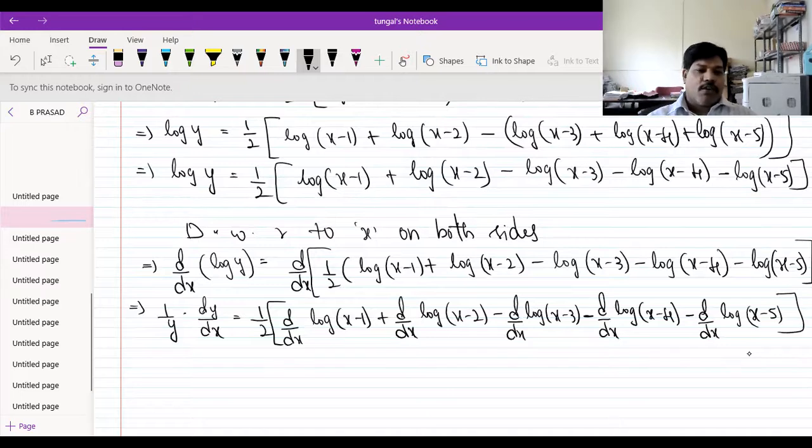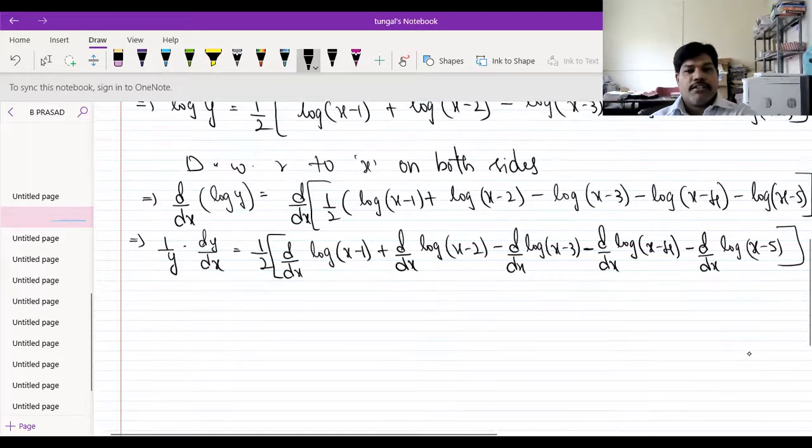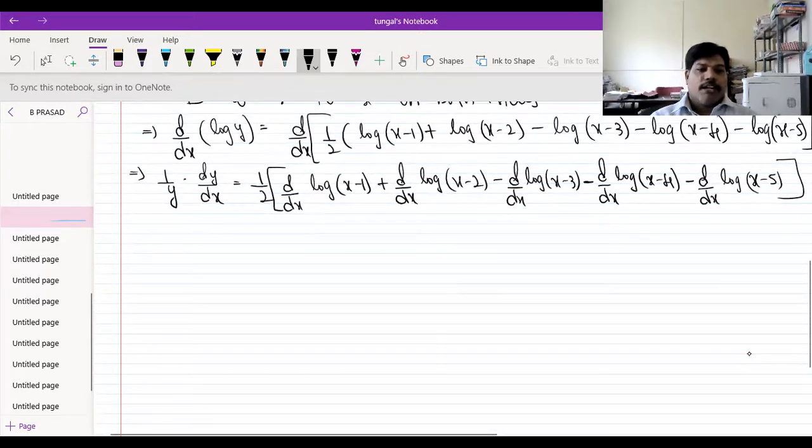So that implies what happens, students? If we take this y to that side, what is dy by dx? It will take a few more steps. See this step carefully. I will take this y to that side.